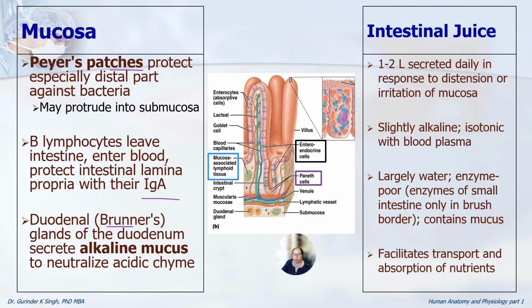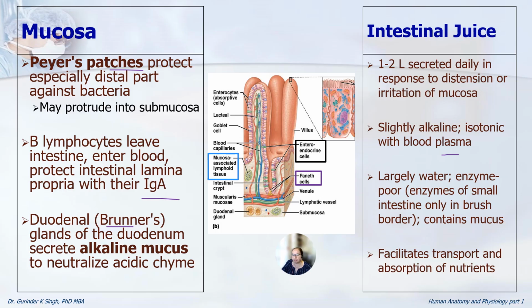Okay, what exactly is in the intestinal juice? It's typically 1 to 2 liters. It's slightly alkaline in nature. It has the same isotonic concentration as the blood plasma. It is mostly water.